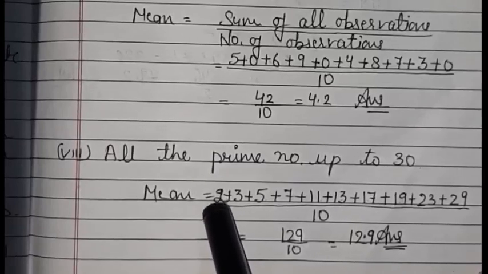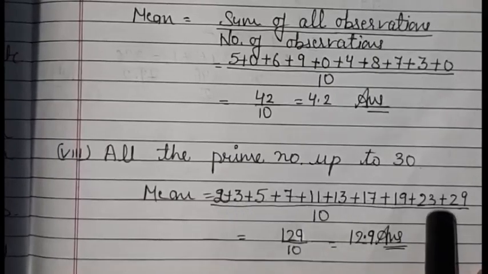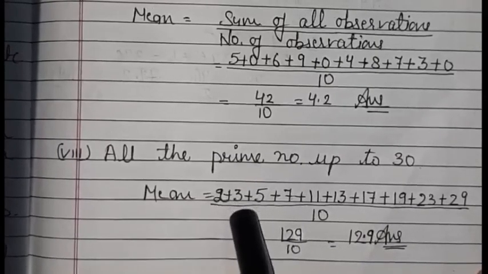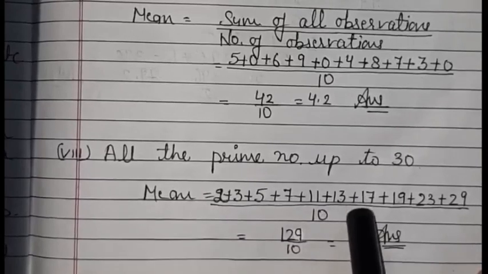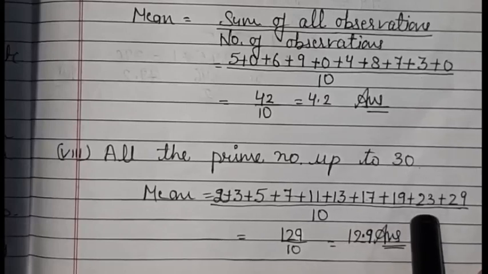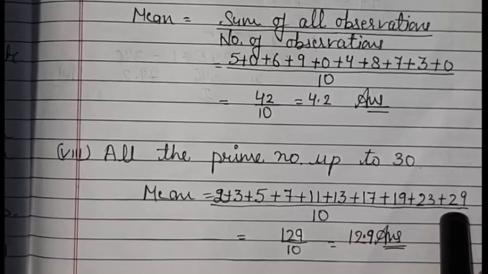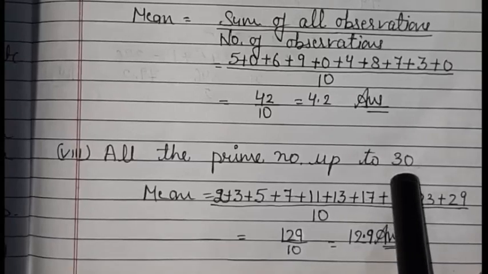Then up to 30 we have to write all the prime numbers: 2 plus 3 plus 5 plus 7 plus 11 plus 13 plus 17 plus 19 plus 23 and then 29. 29 is the last prime number up to 30.